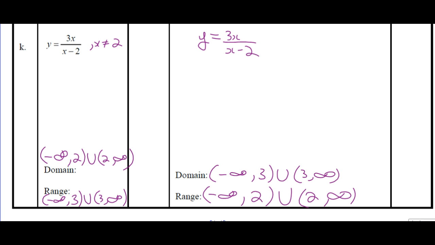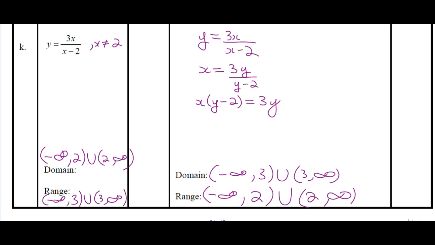Okay, so if I want to write the inverse of this, what am I doing? Everywhere I see x, I'm going to write y, and everywhere I see y, I'm going to write x. Okay, so this becomes x is 3y over y minus 2. So we're just going to cross multiply that, get x times y minus 2 is equal to 3y.